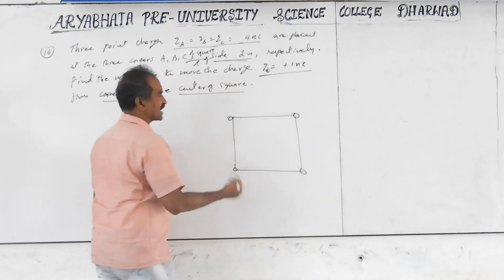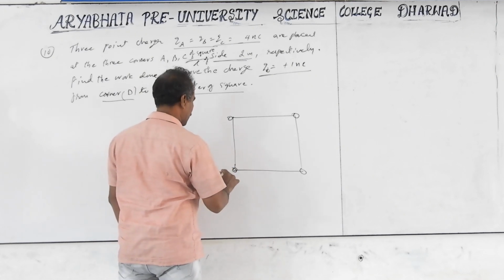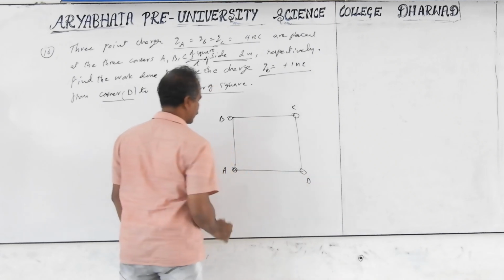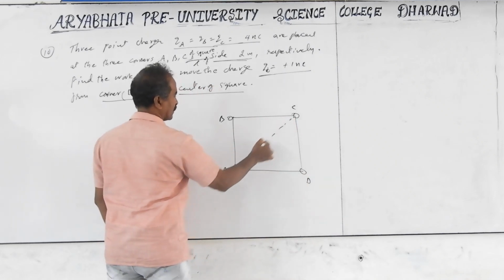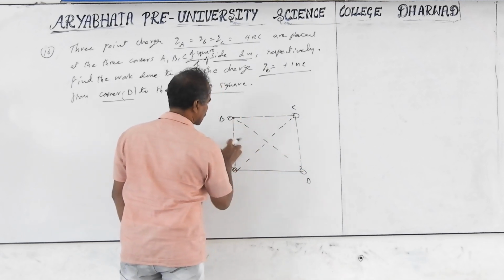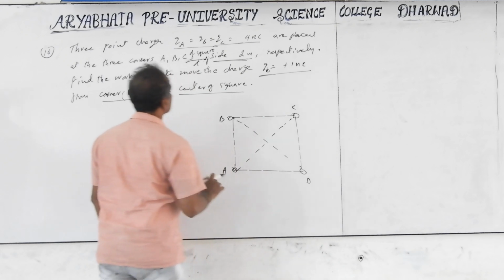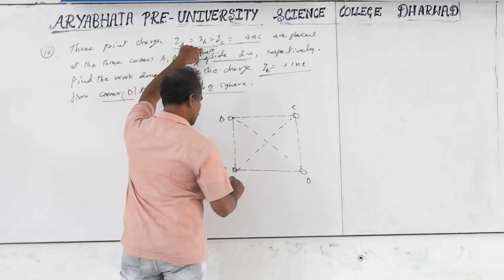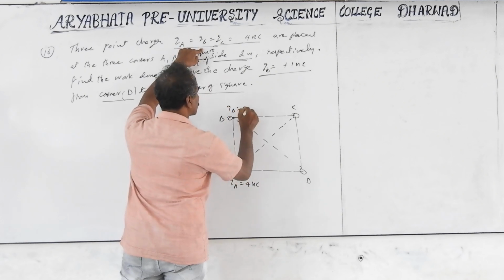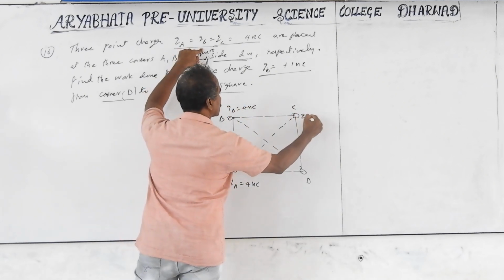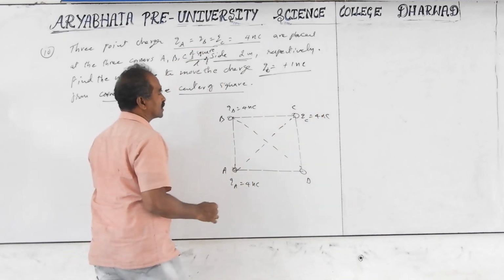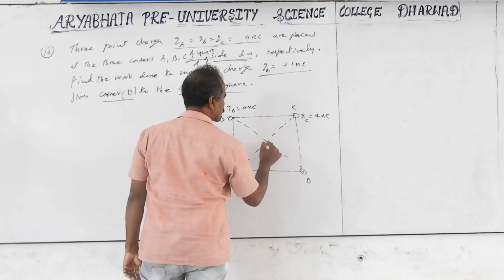The order, clockwise or anti-clockwise, does not matter; just take A, B, C and D. Charges are not at all four corners, there are only three charges. QA is 4 nanocoulombs, QB is also 4 nanocoulombs, QC is also 4 nanocoulombs. At D there is no charge, but you move the charge Q0 from D to the center of the square, which is O.